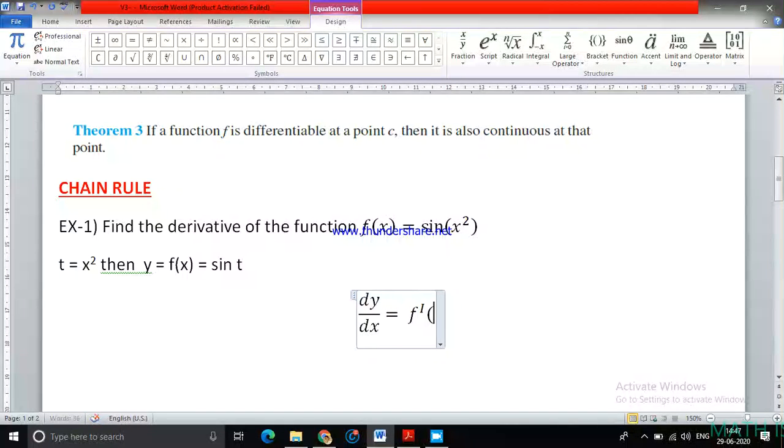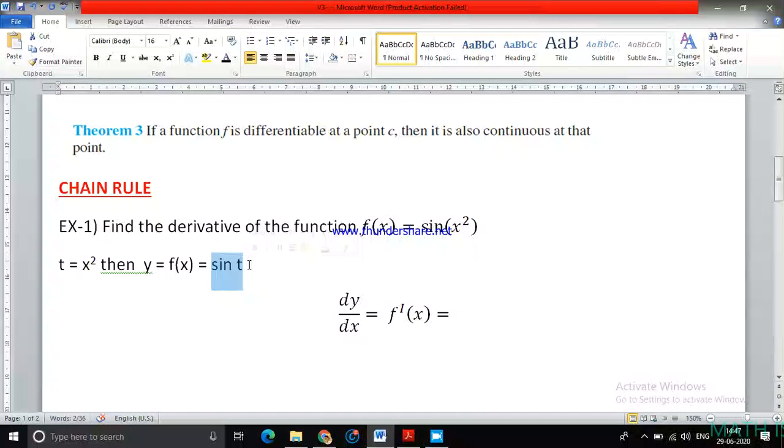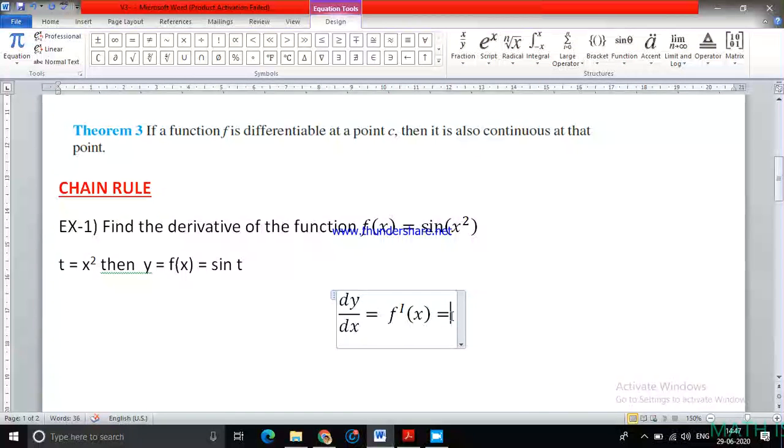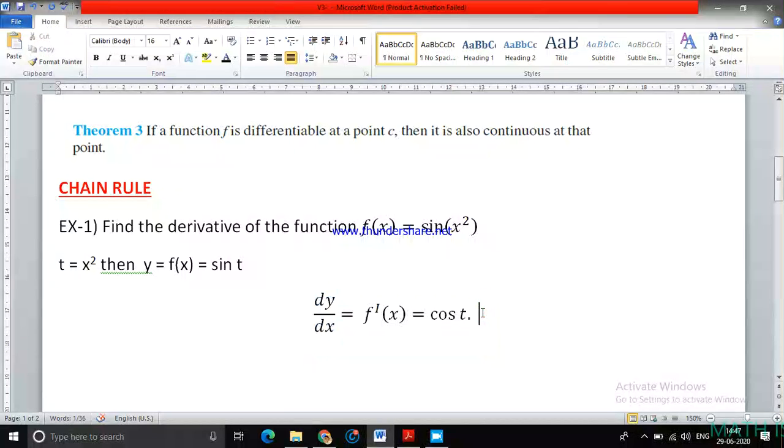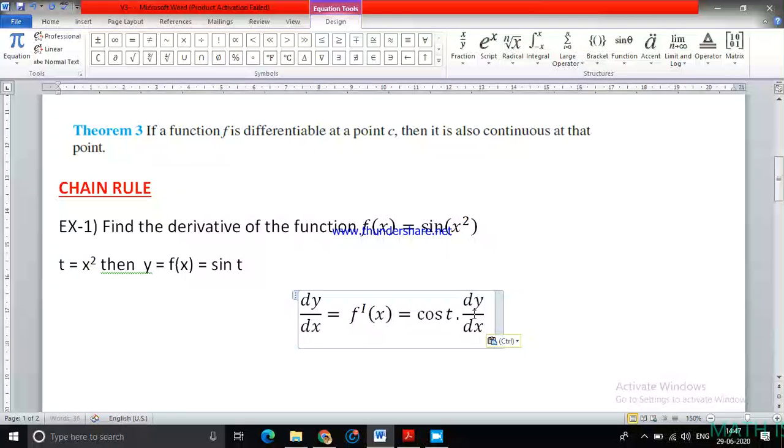Now this is sine t. You are differentiating the function of t with respect to x. So the derivative of sine t is cos t. It will not end here, into the derivative of t, dt by dx also will come.